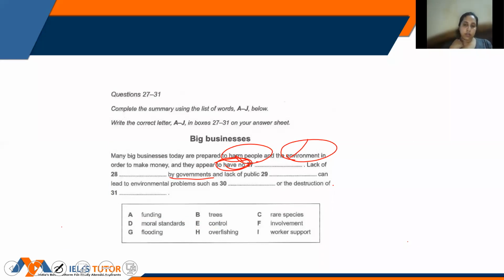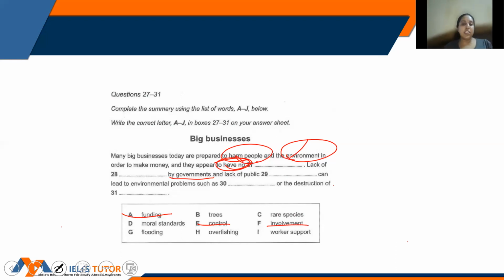Control by government, funding or lack of funding by government, involvement. These three options could go in. Lack of public funding, I think, would be most appropriate.